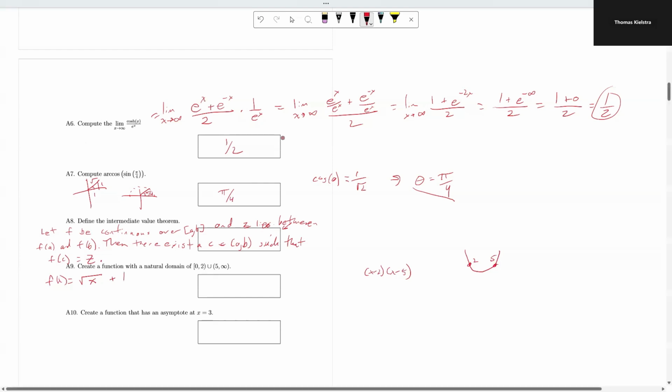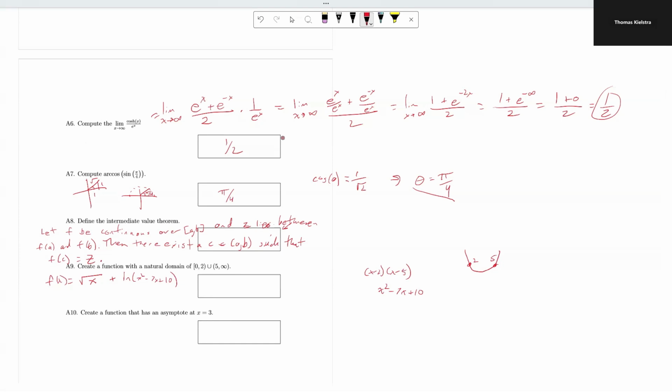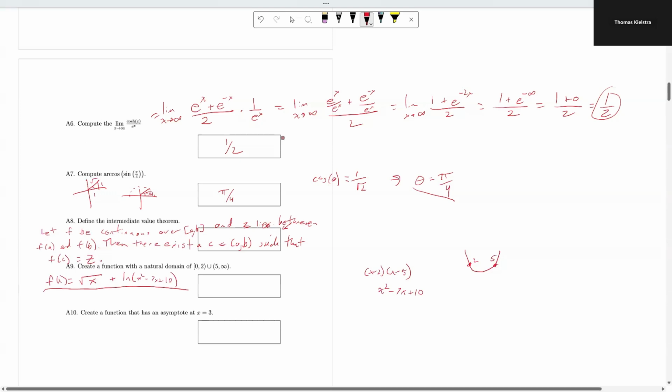So I'm going to add ln of, and now I'm just going to expand this to make it look pretty, x squared minus 7x plus 10. And now I can't be between 2 and 5, and I have to be greater than 0. And this is my function. Break it up into those two pieces, remove all the negative values, then remove the values between 2 and 5. And that is my function.